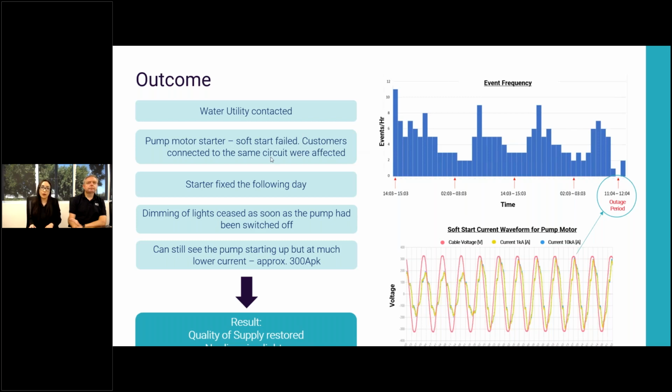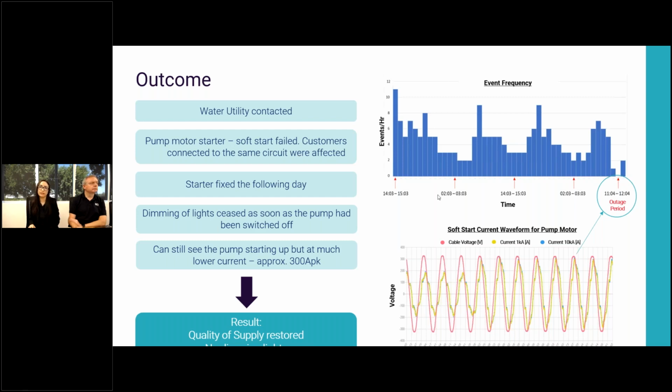They were very aware that the soft starter of the motor had failed. They had it on their roadmap to get it fixed in three or four months' time. But as soon as we let them know that consumers were being affected by this, they fixed it the next day. Here, we can see when the fix happened in the histogram, in the outage period.